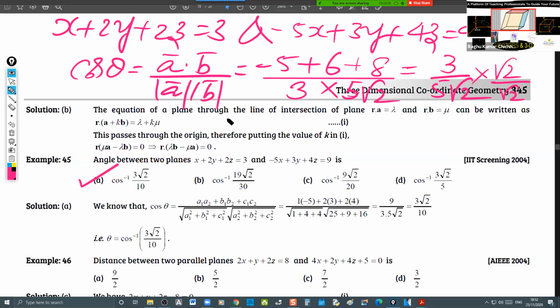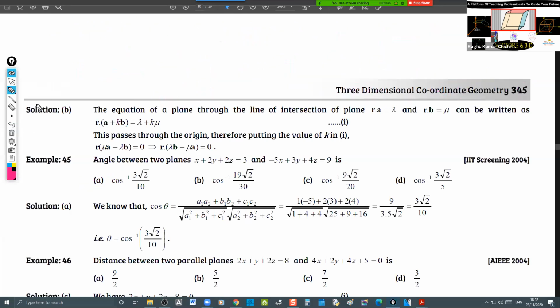Similarly, the distance between the two parallel planes. Pranit, how to compare this with the 2D line? The 2D line formula and the 3D plane formula are one and the same.